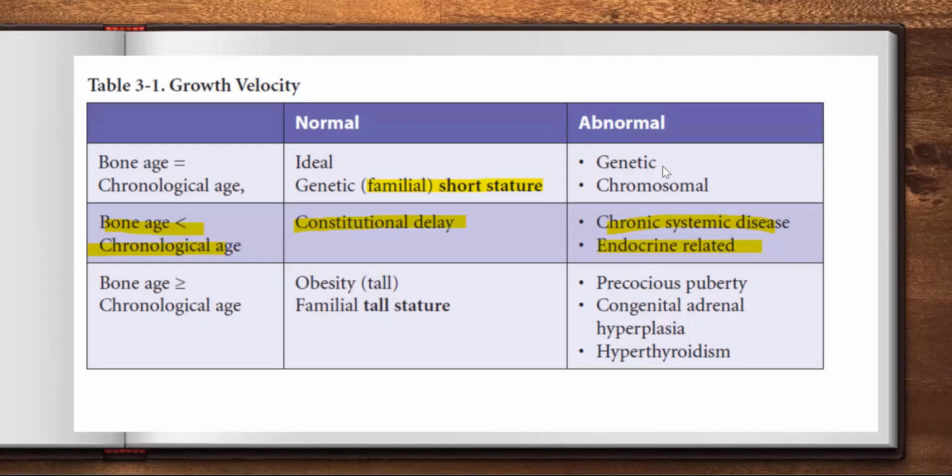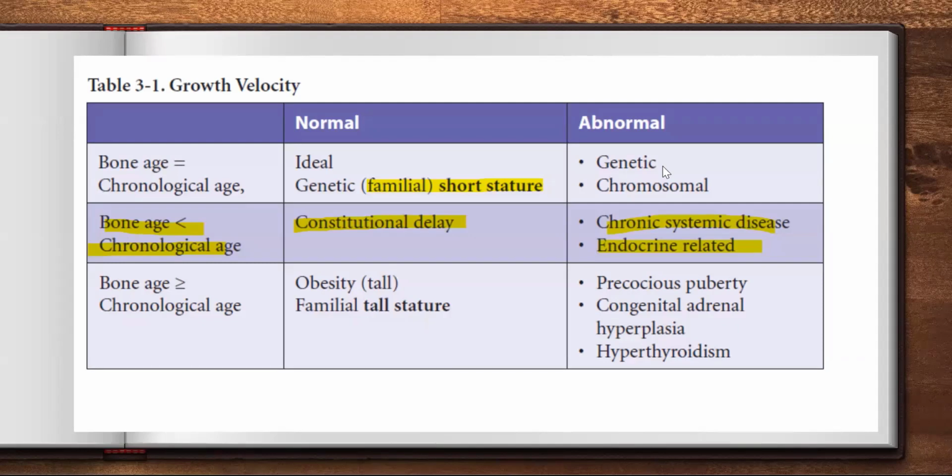Yes, Dr. Sim, growth spurt, that's the correct term. Someone's growth spurt is very high and rapid, someone's growth spurt will be slow, but eventually they will get it. But patients with familial short stature are genetically short, so they will not attain that catch-up growth later on. They will be shorter. That's the main difference.